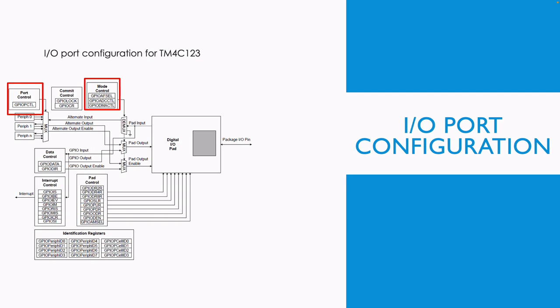And we have more registers, as you can see, but right now we're going to focus only on these two. We're going to do a blink application. We're going to turn on and turn off one LED.